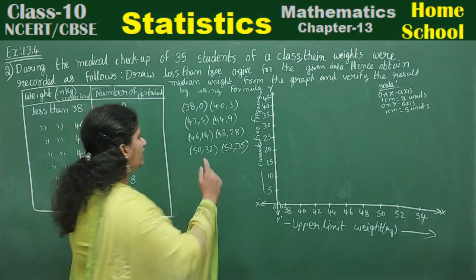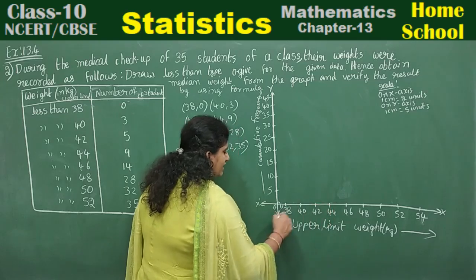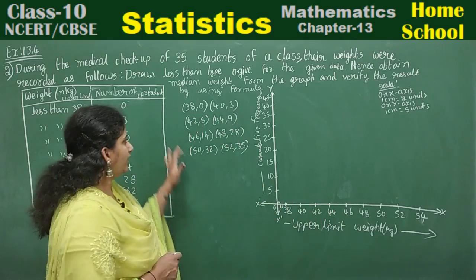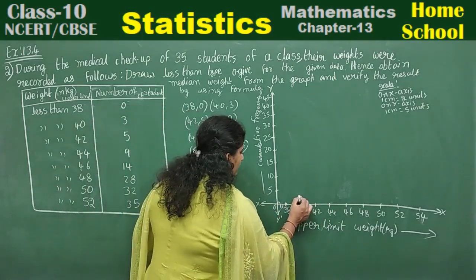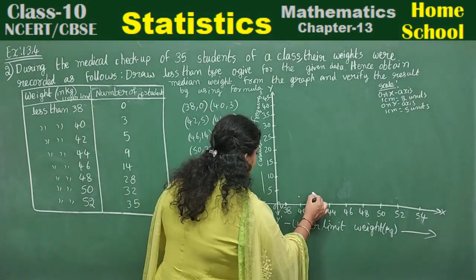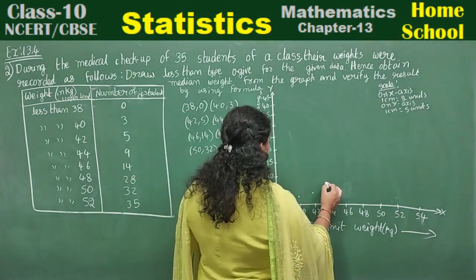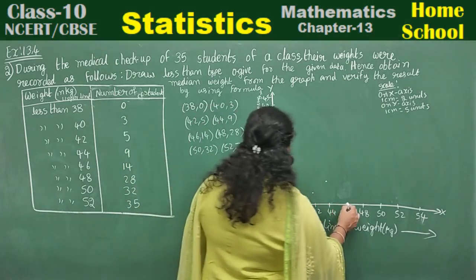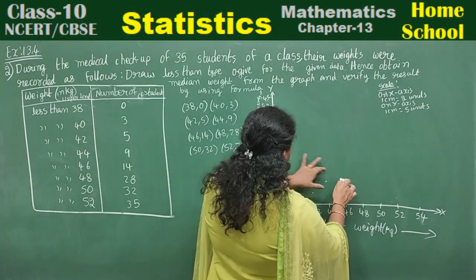Let's start plotting here. 38, 0. 38 on x-axis and on y-axis, where do they meet? Here. Next, 40, 3. This is the point. 42, 5. This is the point. 44, 9. Yes. 46, 14. 46 on x-axis and 14 on y-axis.